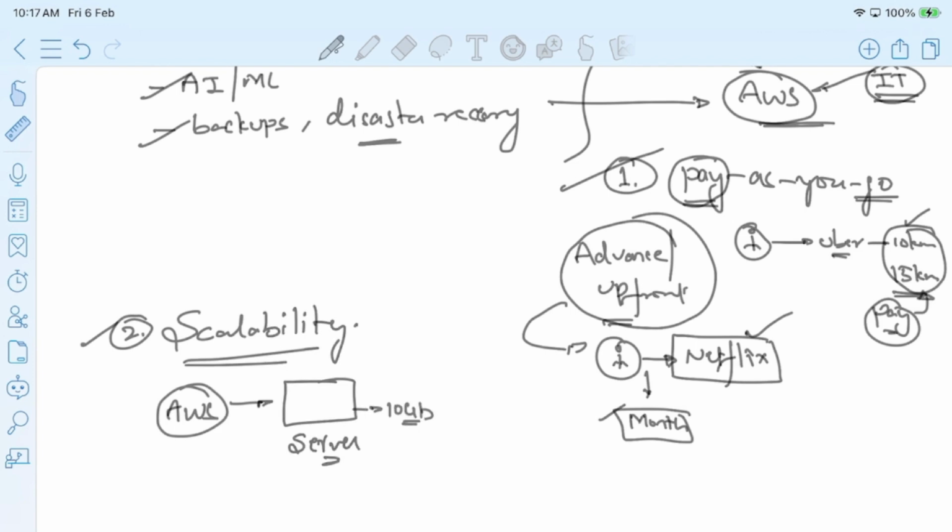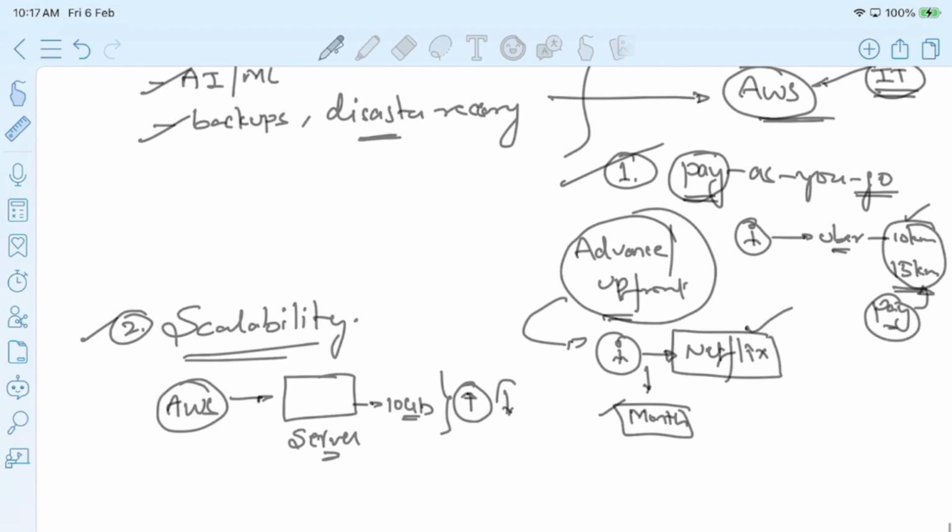If the 10 GB hard disk is not enough for me, I can scale these resources. I can upgrade these resources within seconds. If the storage is too much for me, I can also downgrade. So I can upgrade, I can downgrade, right?